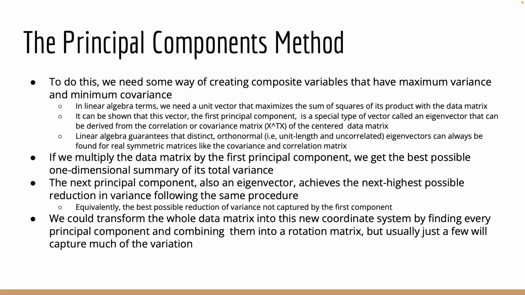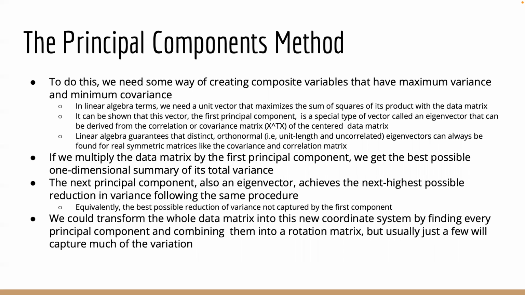In linear algebra terms, we need to define unit vectors that maximize the sum of squares of their product with the data matrix, and it can be shown that these vectors are the eigenvectors, which can be derived from the correlation or covariance matrix of the data matrix, and for linear algebra reasons are guaranteed to exist and to be orthogonal to each other, so they have zero covariance.